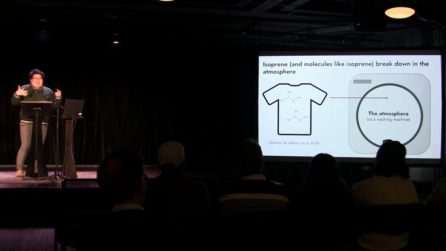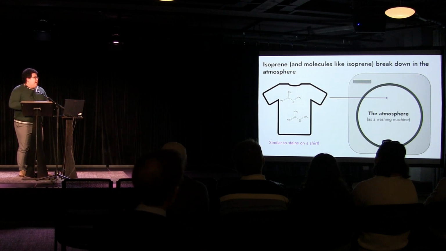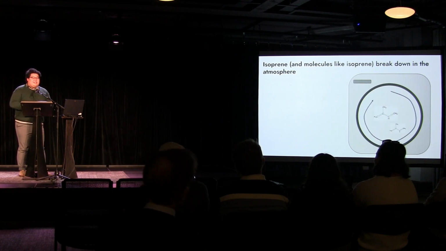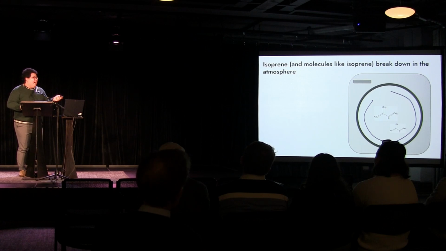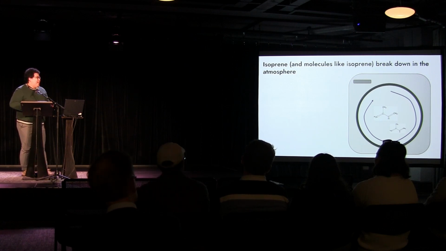And this is kind of like the cleaning power of the atmosphere. This is a good process because we don't want things to build up in the atmosphere. That's really bad. They'll grow to really high concentrations, not super good. And so what happens is that we can put those molecules into the atmosphere when we emit them, similar to putting clothes in a washing machine. All right, so we put those stained clothes in the washing machine.